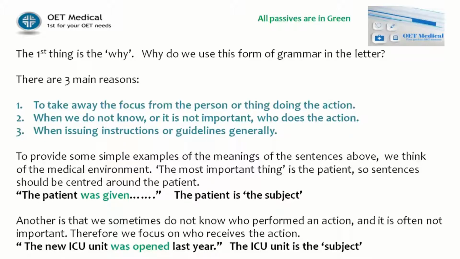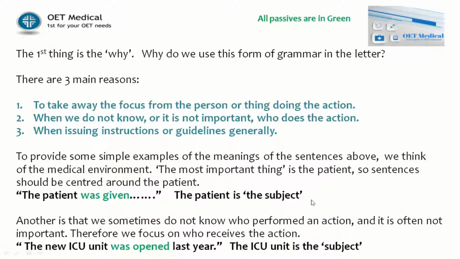Okay, just to provide a couple of examples of these meanings for these three sentences, we think of the medical environment. The most important thing is the patient. So sentences should be centered around the patient. Example, the patient was given treatment, medicine, whatever they were given.